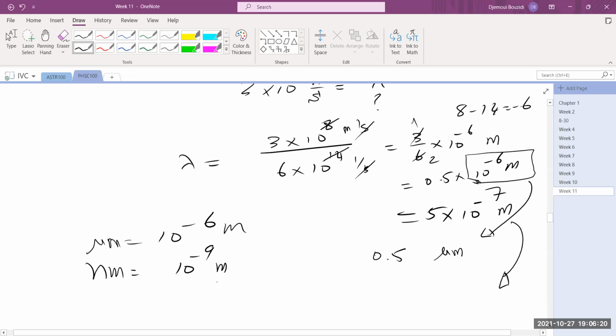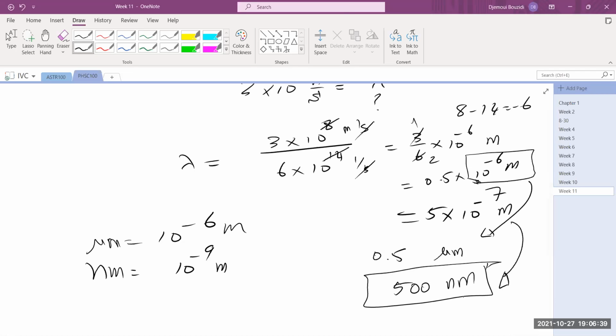Or in nanometers, I'm going to make this one 10 to the negative 9, so I have to multiply by 100. So the answer will be 500 nanometers. The reason I'm saying this is because this is a well-known number. Usually, when people check the wavelength, they refer to it in nanometers. So 500 nanometers is the blue color that they are talking about in here. So this is a well-known number.